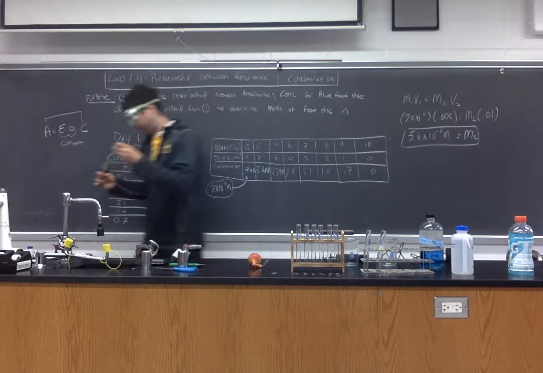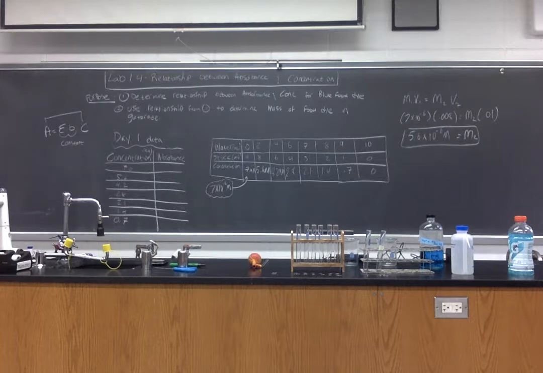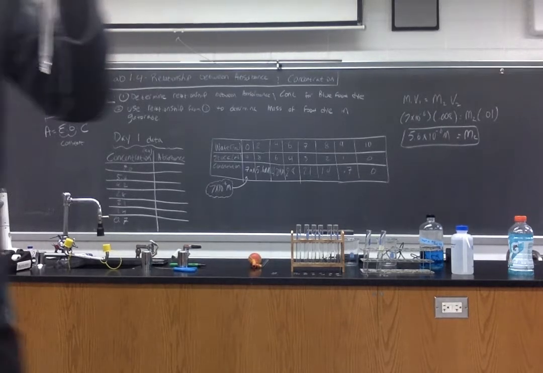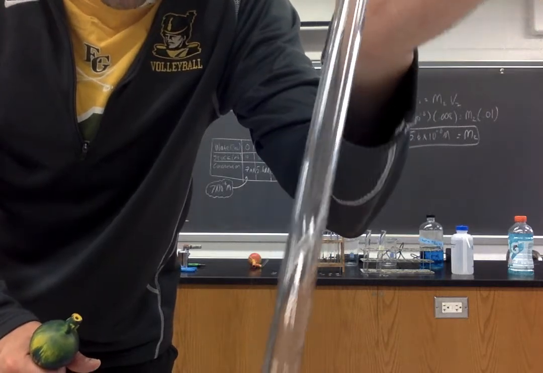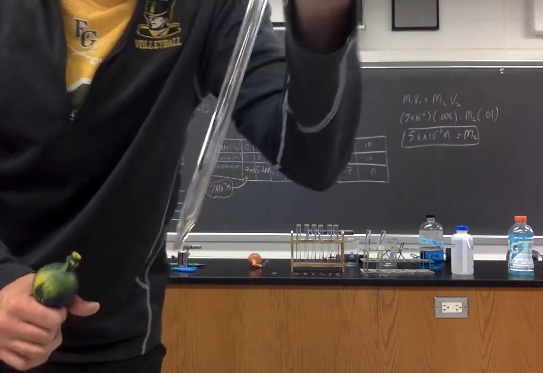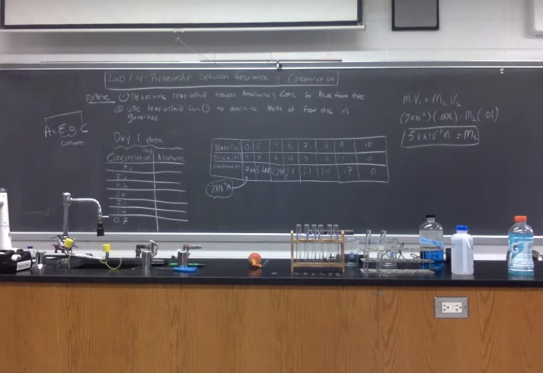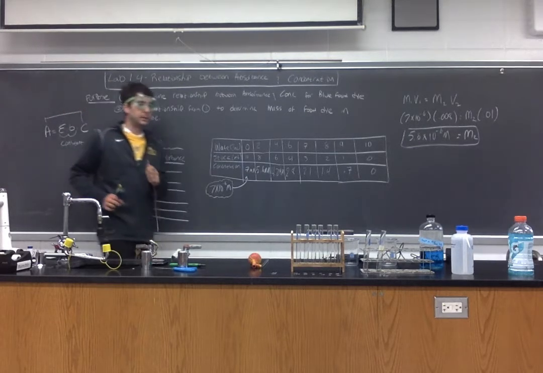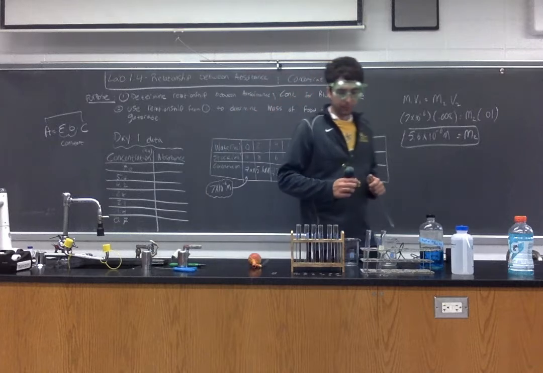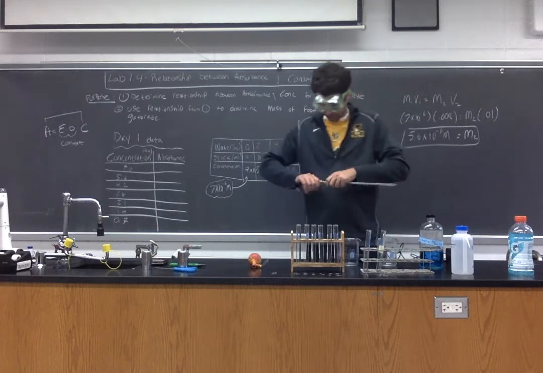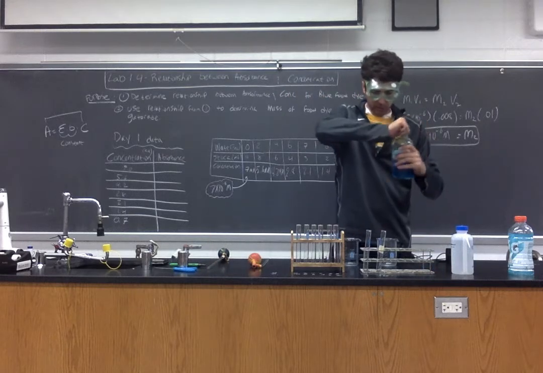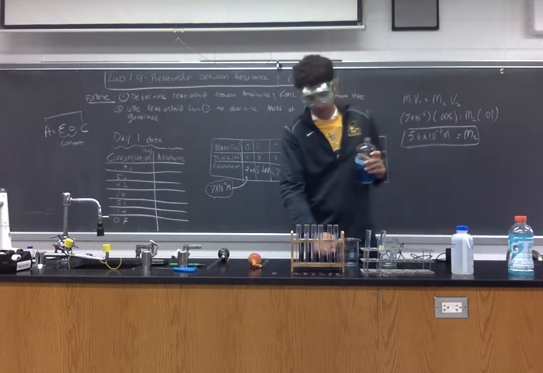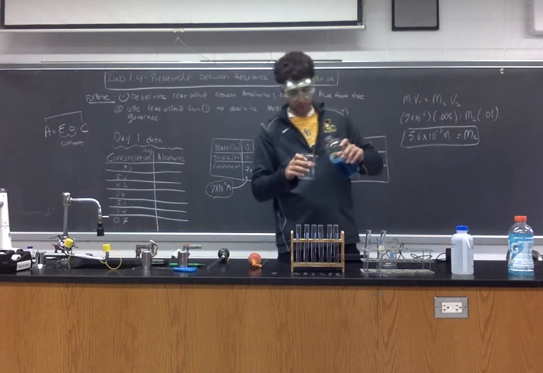If I move up, see here, this will allow me to get exact volumes of liquids going from 0 to 10 milliliters. So this is going to be more accurate than simply using a graduated cylinder. So what am I going to do? Well, I am going to have one beaker filled with stock solution.